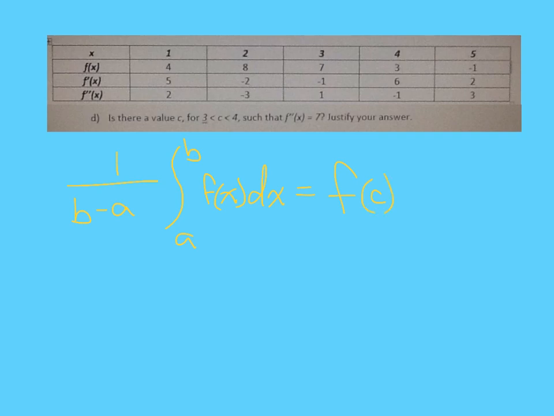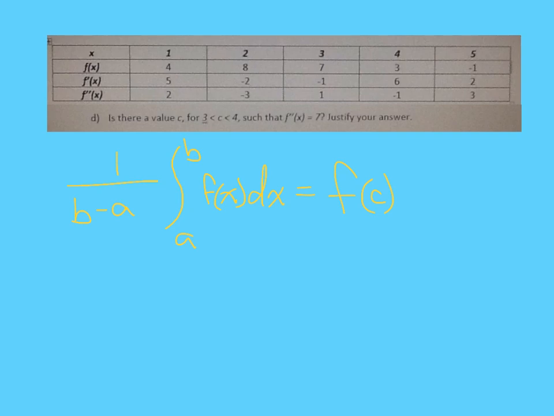Really saying that at some point through this function, there is a value c where it is going to take on the value of the mean of that function. That's what we're looking for here. So is there this value c such that all of this on the left is equal to 7?